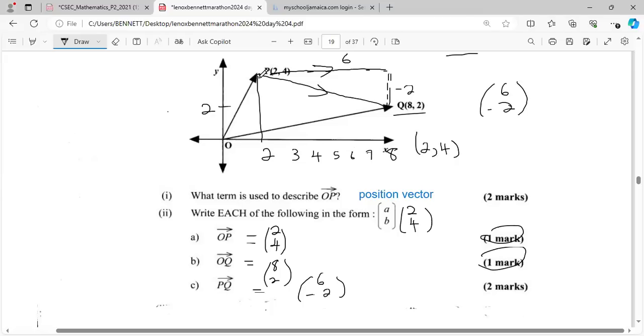So you start at 2, so you go 1, 2, 3, 4, 5, 6. So you move 6 times to your right. When you move to your right, x is positive. And then you go down 2. Then you go down to 2. So this gives you a negative 2.